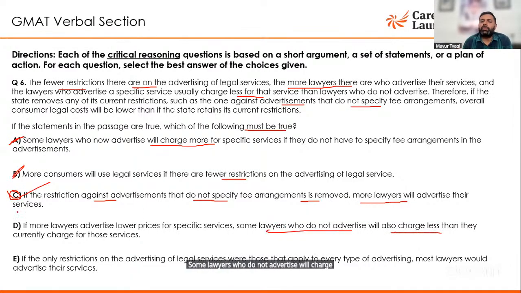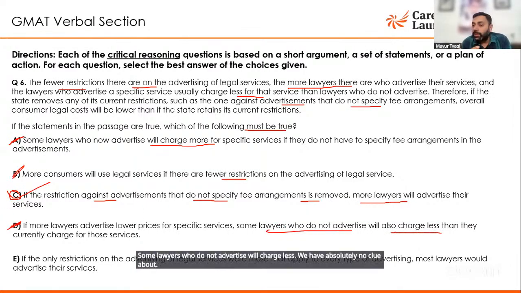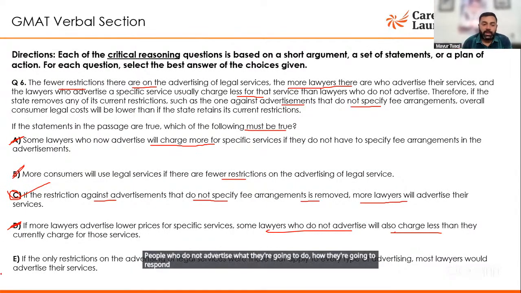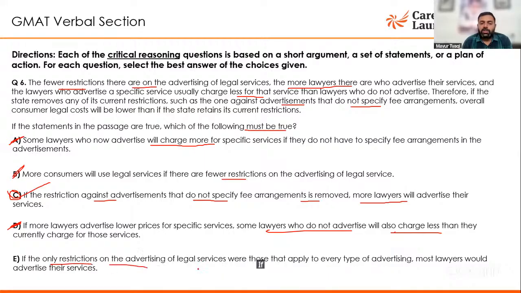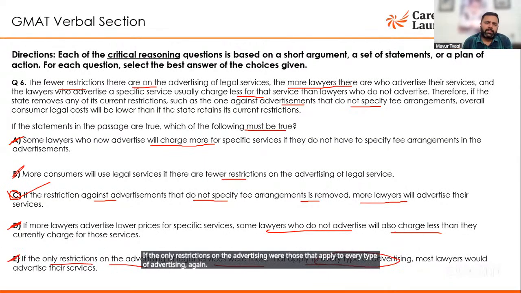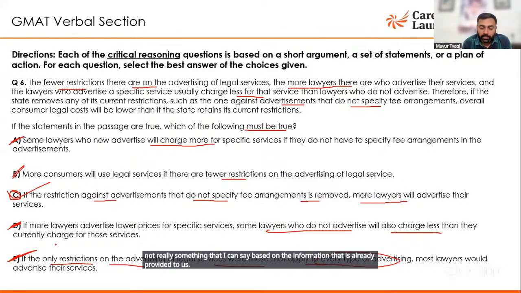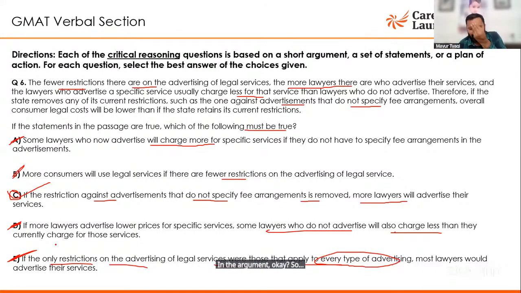We have absolutely no clue about people who do not advertise, what they're going to do, how they're going to respond. There is no mention of that. If the only restrictions on the advertising were those that apply to every type of advertising, again, not really something that I can say based on the information that is already provided to us in the argument. Okay. So I have to be a bit careful there.